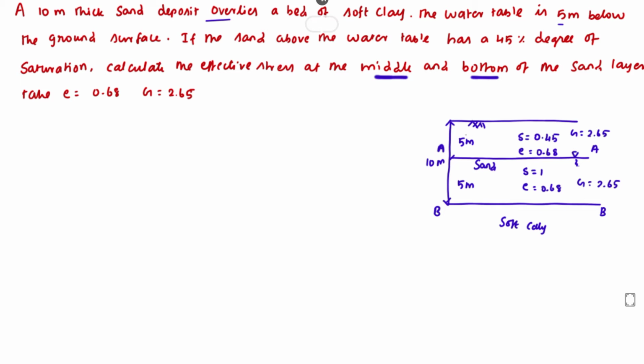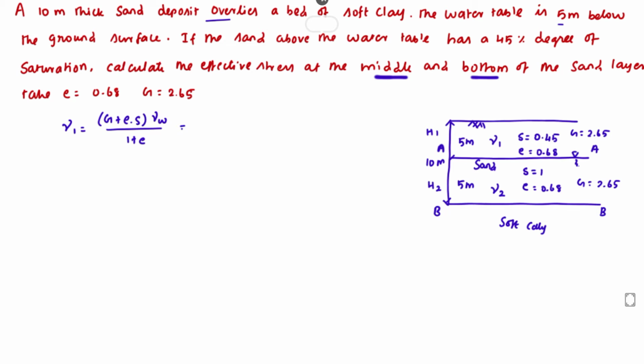Now here is gamma 1 and here is gamma 2. This is the bulk unit weight, and this is the saturated unit weight. The layer thicknesses are taken as H1 and H2. First we have to find the gamma 1 and gamma 2 values. Gamma 1 equals (G plus e times S) times gamma W, divided by 1 plus e.